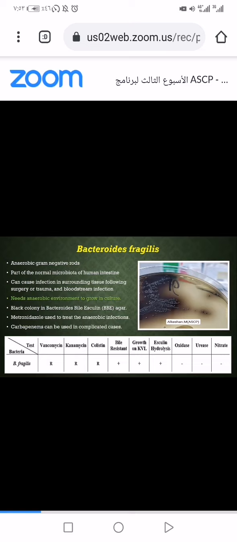It's not exposed to the outside environment. That means there is no oxygen, and the place is suitable for anaerobic growth. So any tissue sample that comes to microbiology for culture, we should think that maybe an anaerobe is growing there. So we should provide an environment and a special plate for the anaerobes to grow.